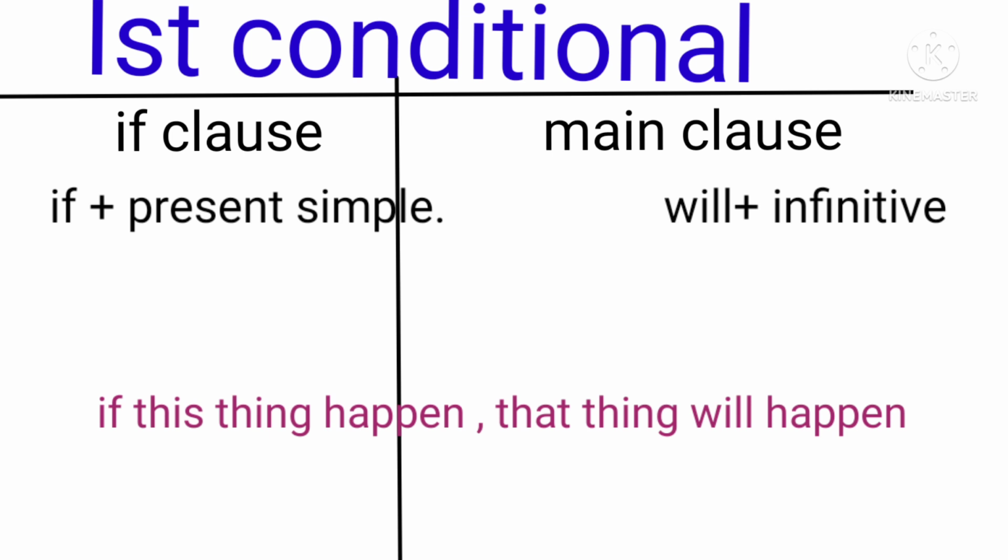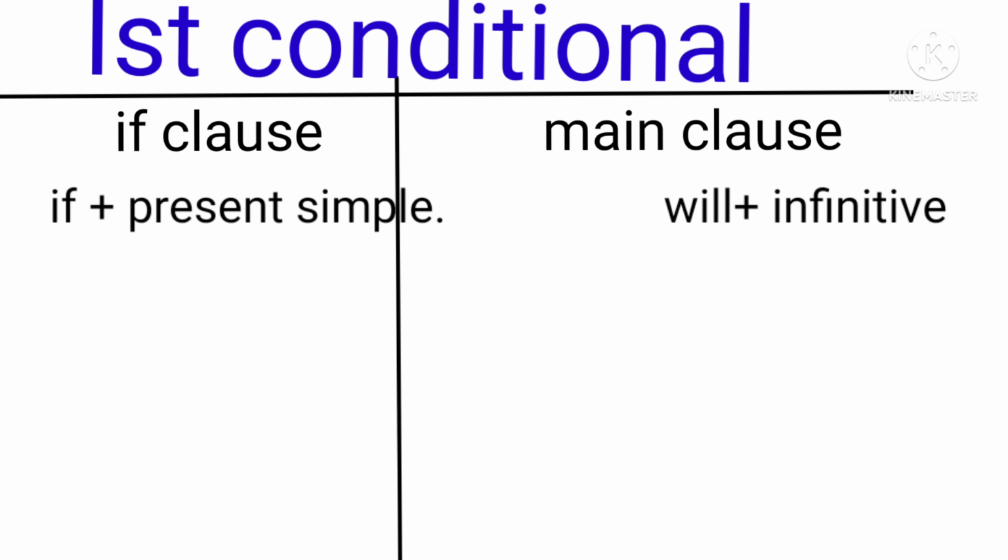We use the first conditional to talk about things that might happen in the future, but we can't know for sure what will happen in the future.